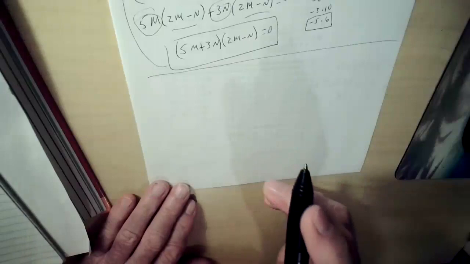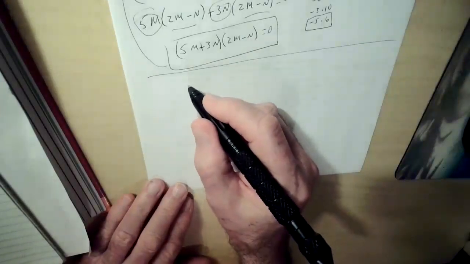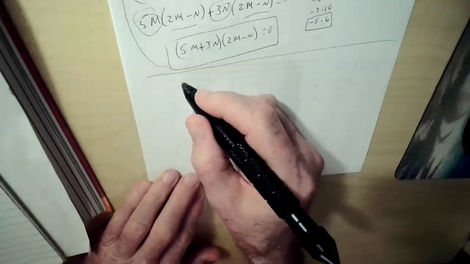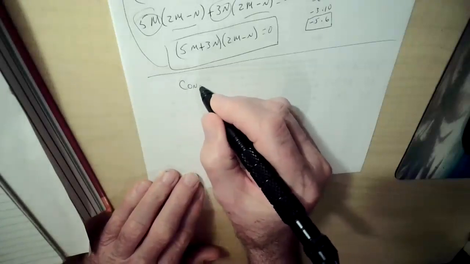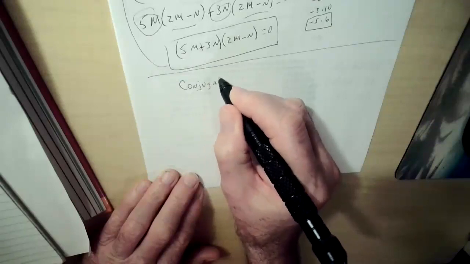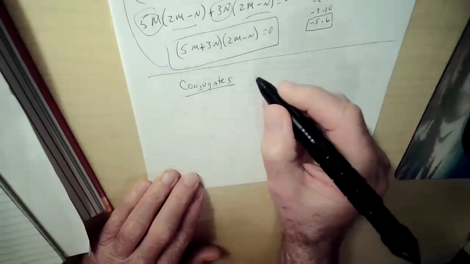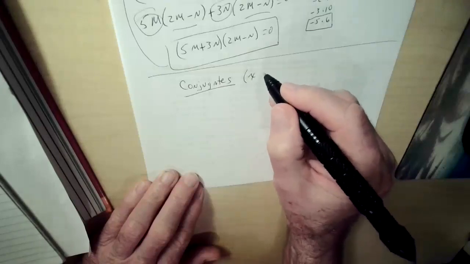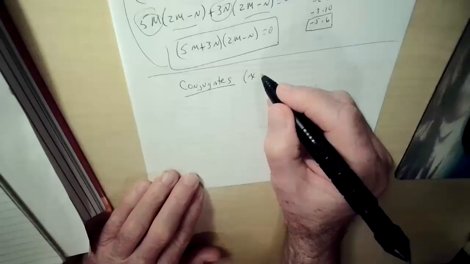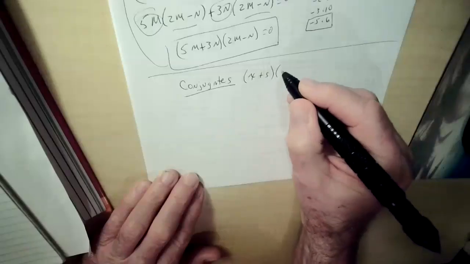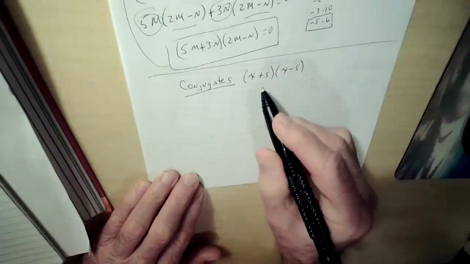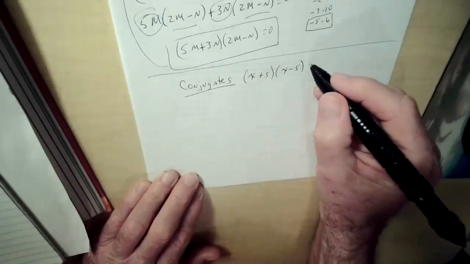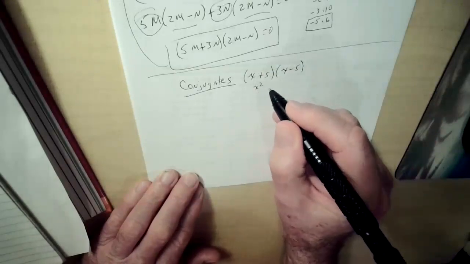Right? Right. Now, remember one of the things that we talked about were conjugates. Terms not particularly important, but you need to watch for these. Later on, it's going to make more sense. Conjugates. They are x plus 5 times x minus 5.